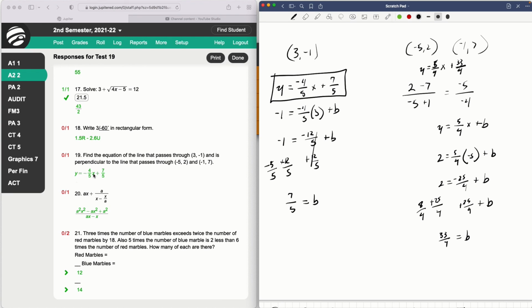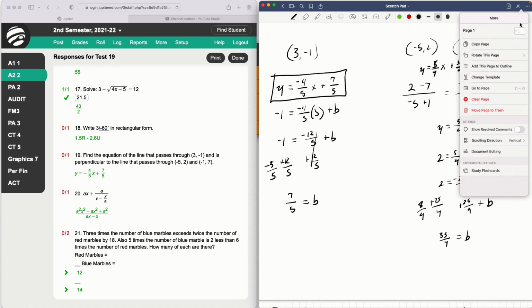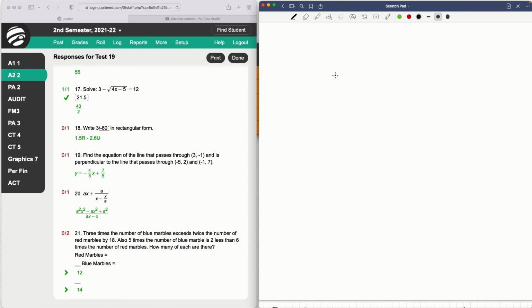Let's clear the page. I have ax plus a over x minus x over a. Common denominator. That's going to be xa minus x over a. All right, so we put that in.